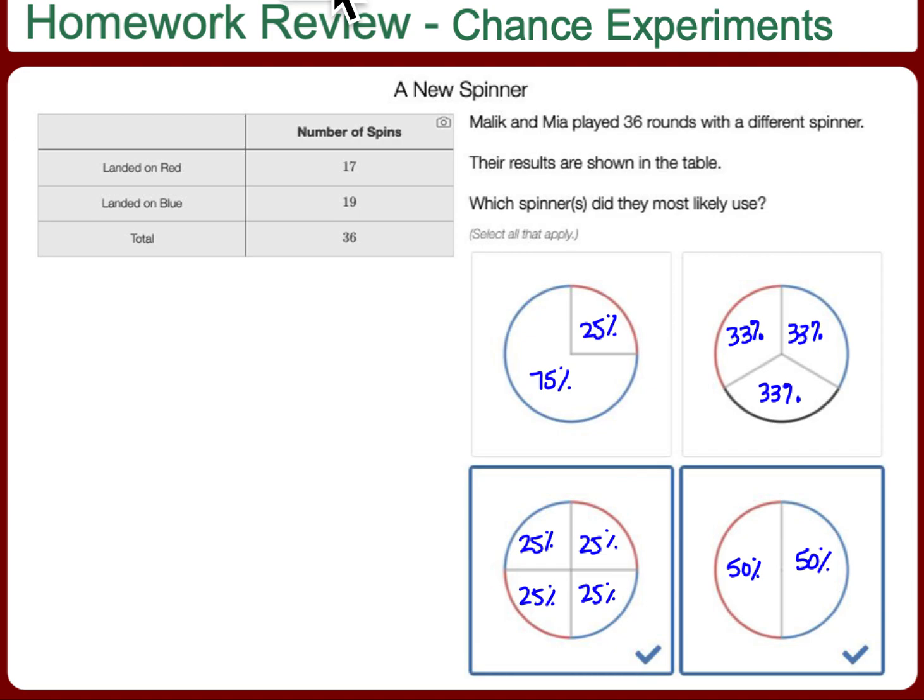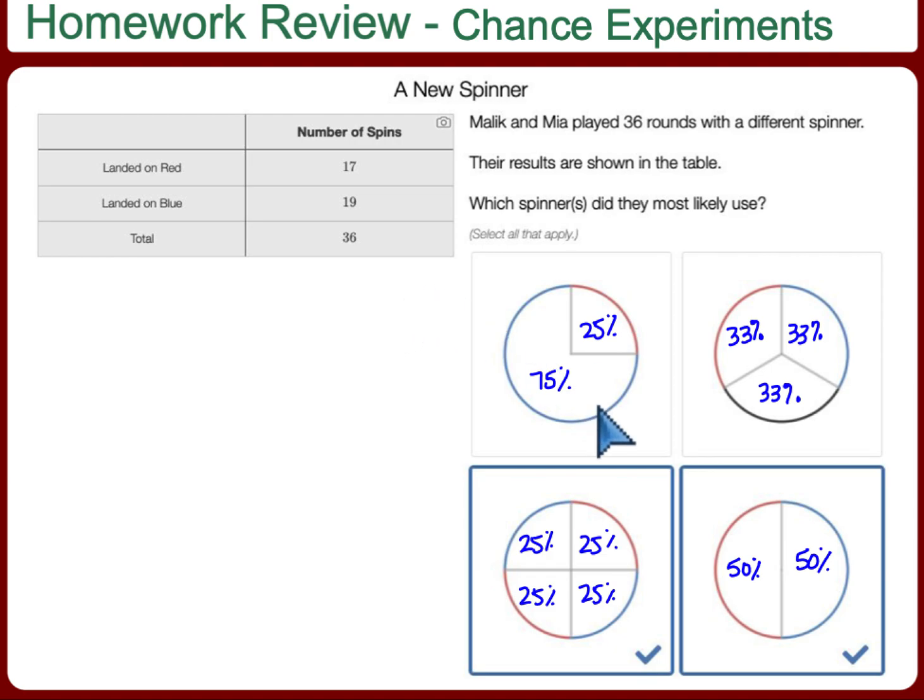All right, there was a slide on a new spinner. Again, after 36 rounds with some different spinner, they got this data, which is about a 50-50 split. And they want to know which spinner or spinners they most likely used.